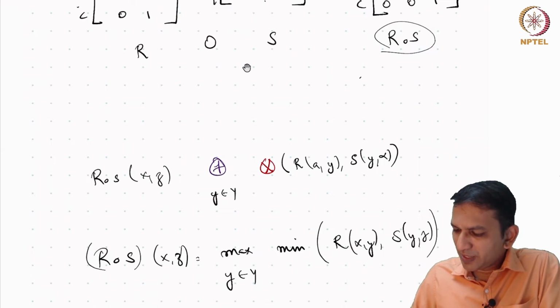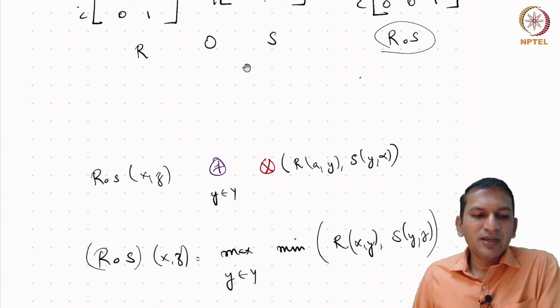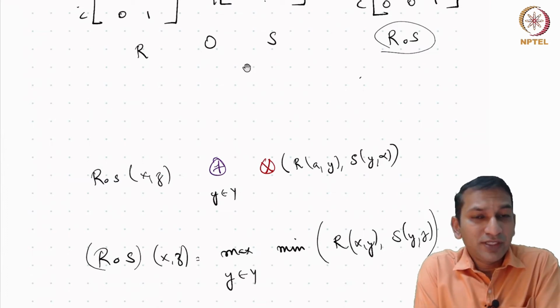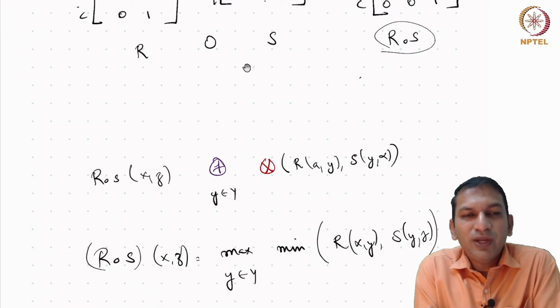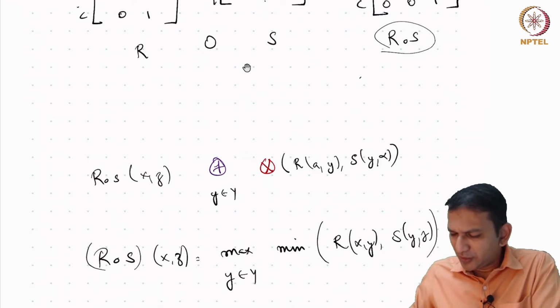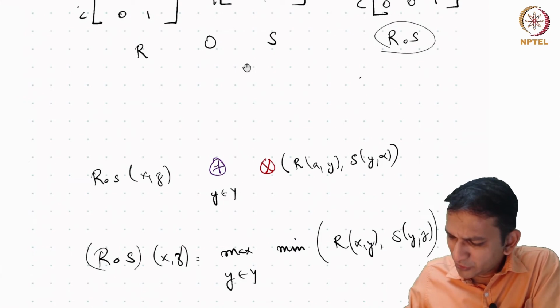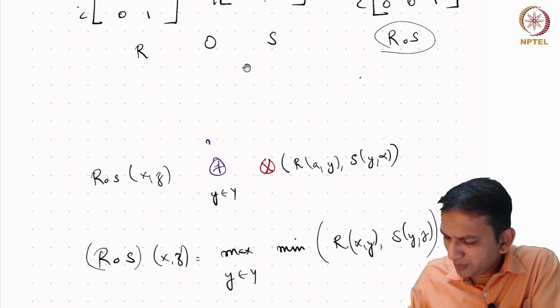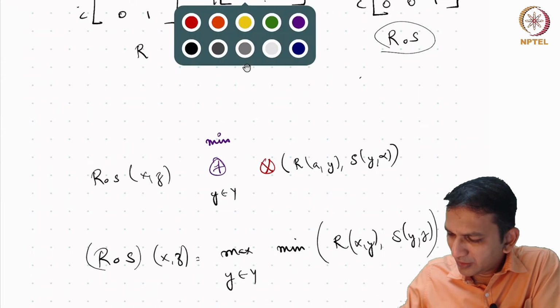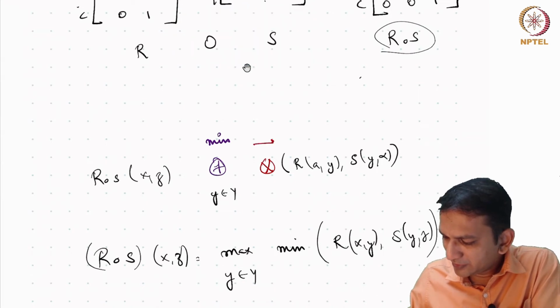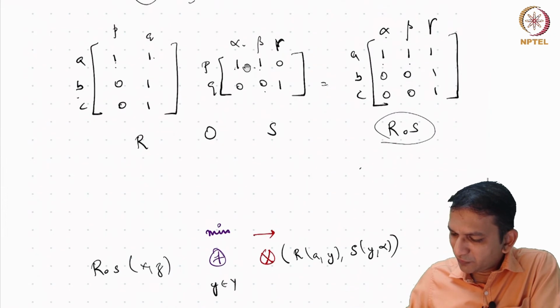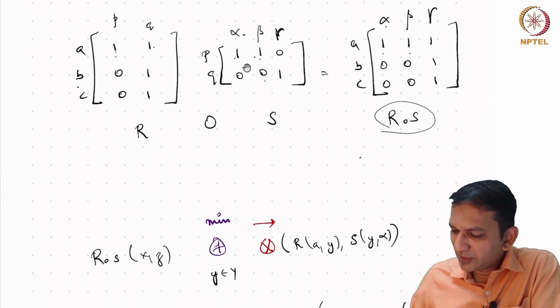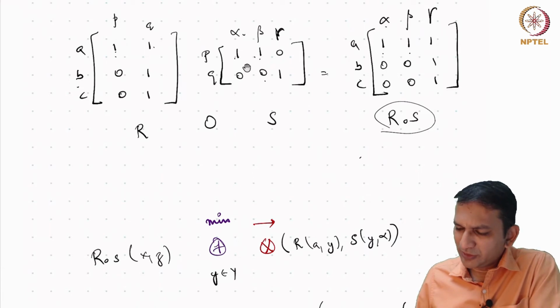So we took this as max and min, but why not some other operation? In the case of fuzzy relations, we have a lot of fuzzy logic operations. So why not try something else? So for the moment, let's assume that we use minimum here and the implication here. So that means instead of doing max-min composition, we are doing min implication composition.